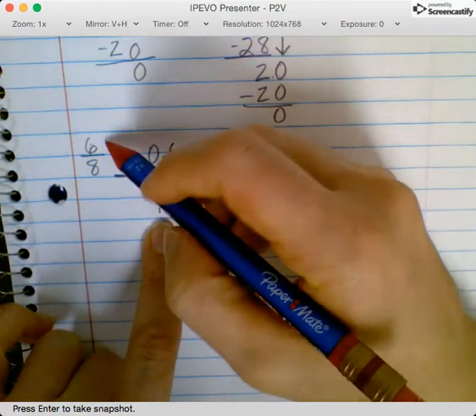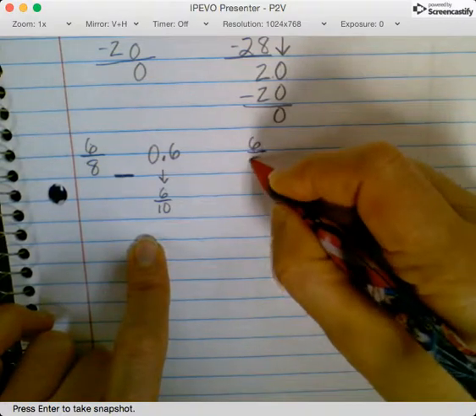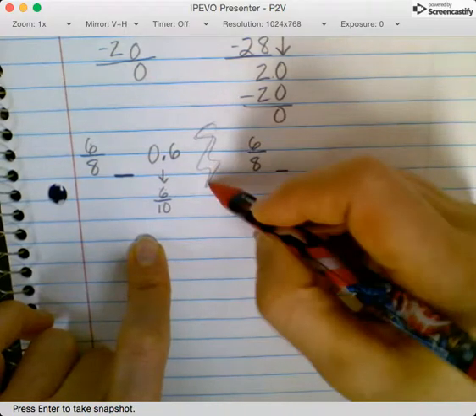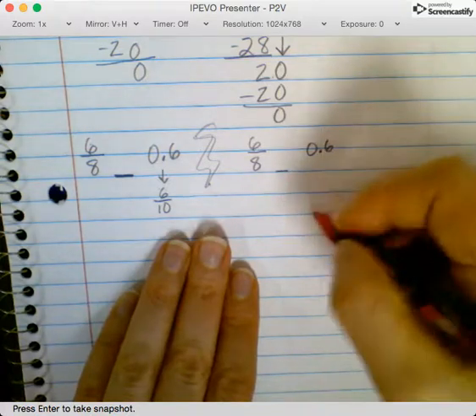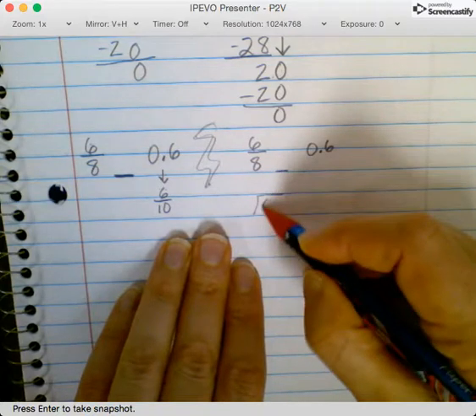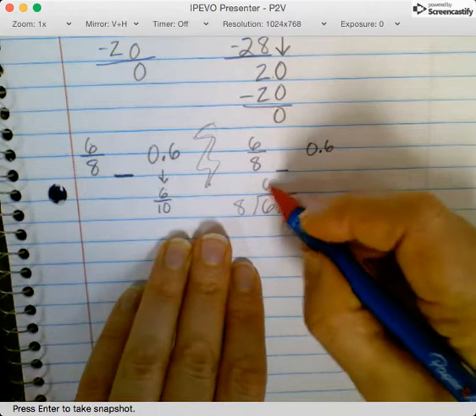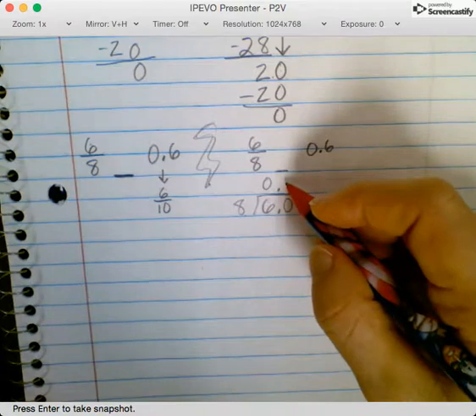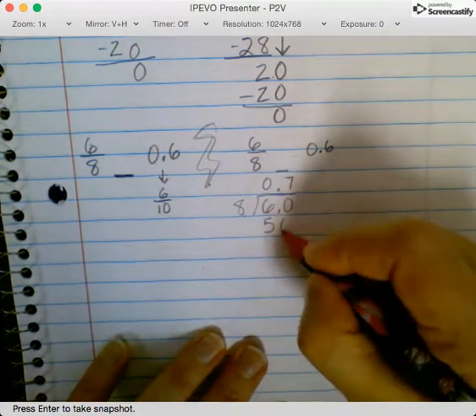If I did it the other way and I compared, and this is going to be kind of the same thing, only different, I'm going to write it again just to show you that this is not the same way to compare, it's just a different way to do the same thing. I can do the division again. And 8 does not go into 6, but it will go into 60. 8 times 7 is 56.